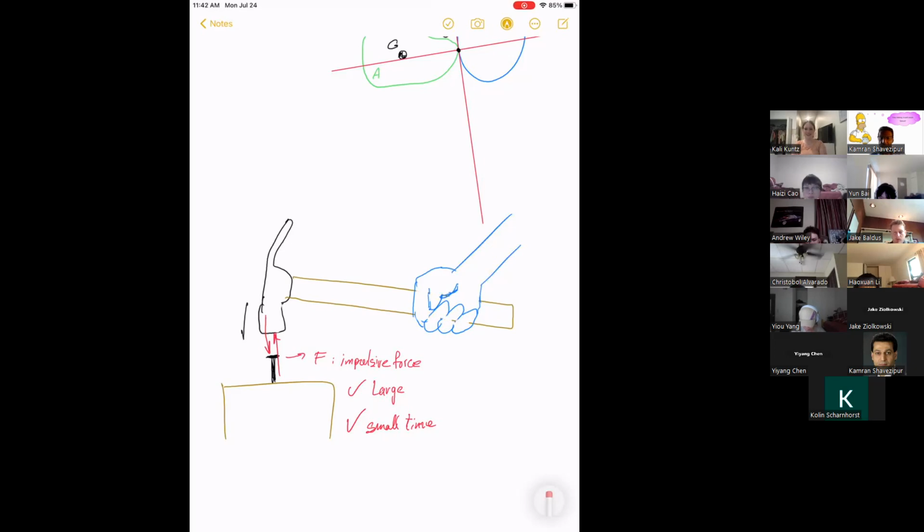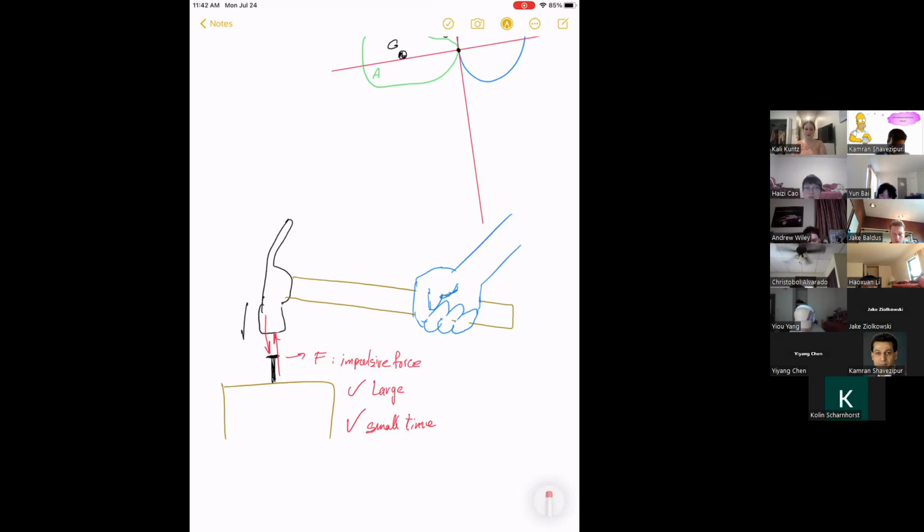If you have not done it, I'm sure you all have a hammer at home. Take it, find a piece of metal, and hit it with the hammer. After maybe 5 or 10 hits, if you look at your hand, it gets red and it's painful. Why?